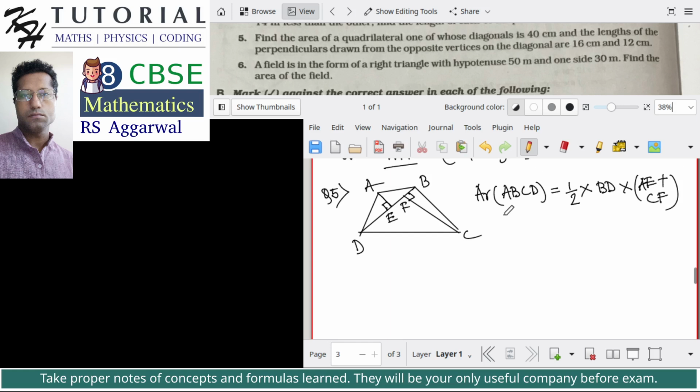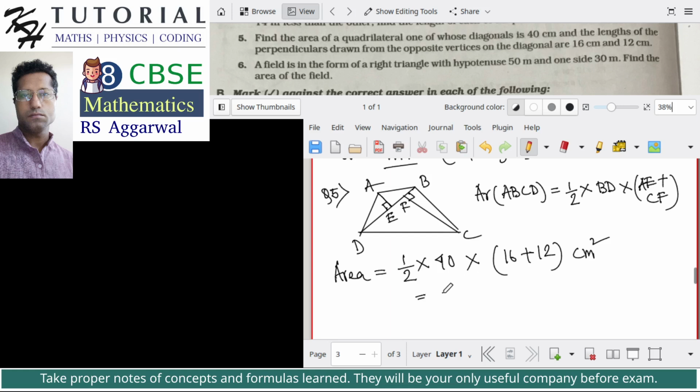So in this problem, applying this formula directly, we get the area of the quadrilateral will be half multiplied by the length of the given diagonal, which is 40, and the lengths of the two perpendiculars are 16 and 12. So this much centimeter square.